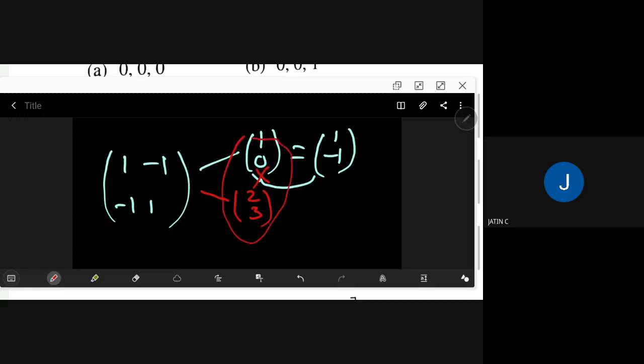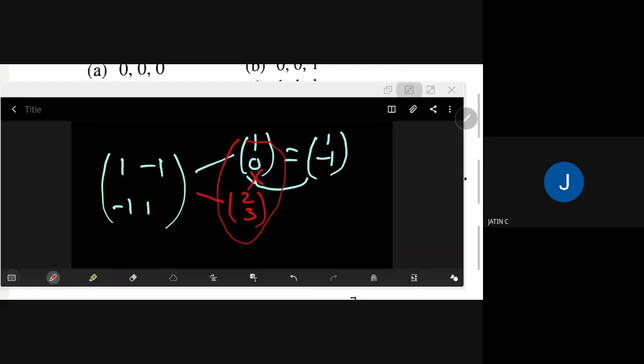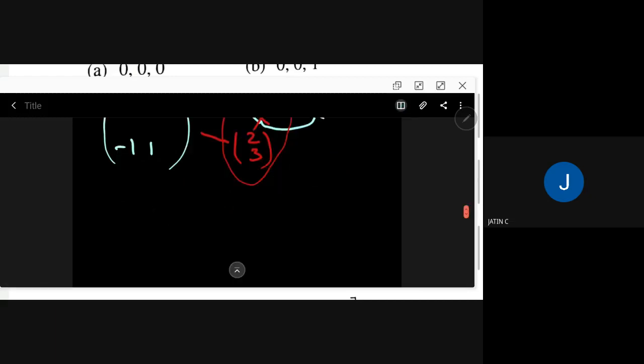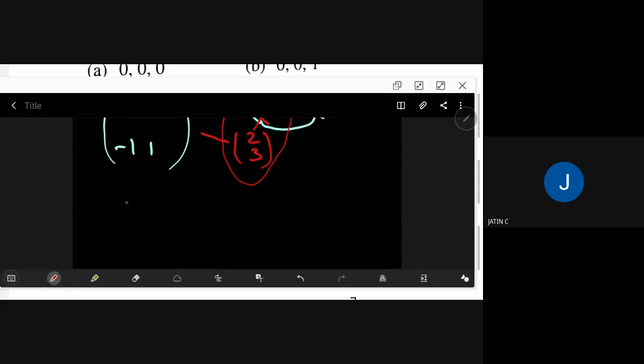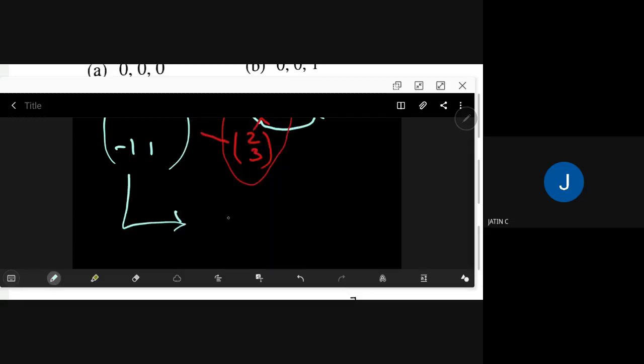Now you go for the second choice, 0, 1, 1, 2. If it is 0, 1, 1, 2, we will see that.